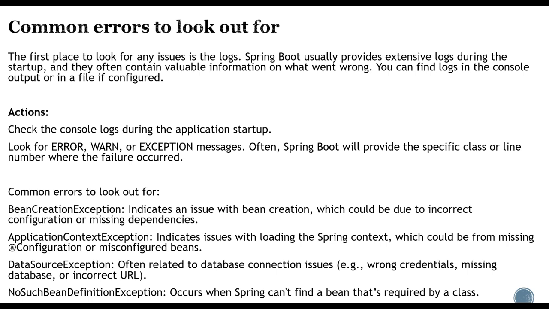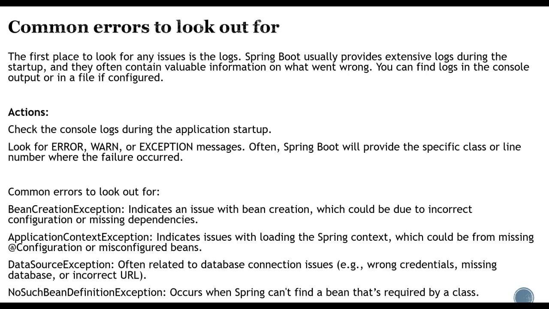Look for errors, warnings or exception messages. Spring Boot will give you specific classes or a line number where the failure has occurred, so you should dig down to that location and scroll through the stack trace, and you'll get to know what exactly the issue is.